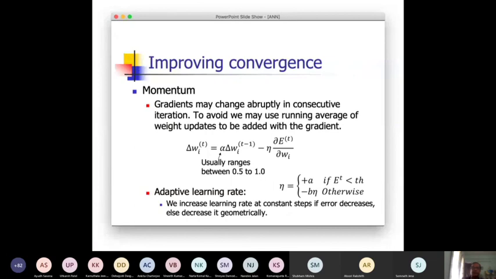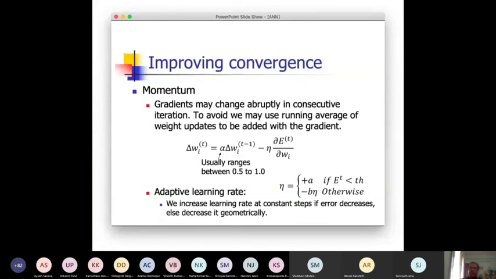That's the same algorithm. Some improvements of this particular process could be made. As I mentioned, when you are updating the weight or computing the gradient, there could be some kind of outliers or noise in the data sets, or even the functional landscape may not be very smooth always.